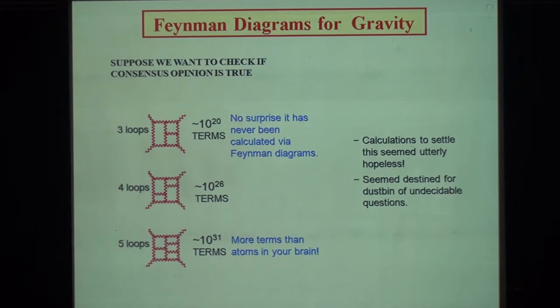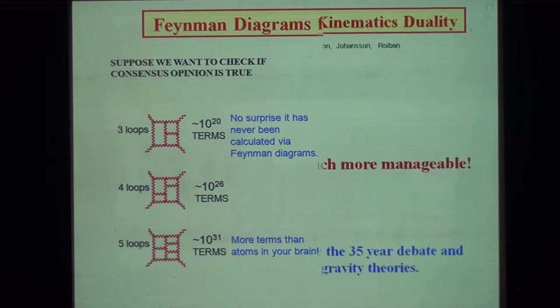So it doesn't fit in the calculation, can't be done. Now, there are various ways of counting. If you want to debate exactly how to count, fine, but it doesn't matter. Count it any way you want. Calculations to settle this seem utterly hopeless. This whole issue seemed destined for the dustbin of undecidable questions. It looks like it diverges. I can't do any more. Time to go on.